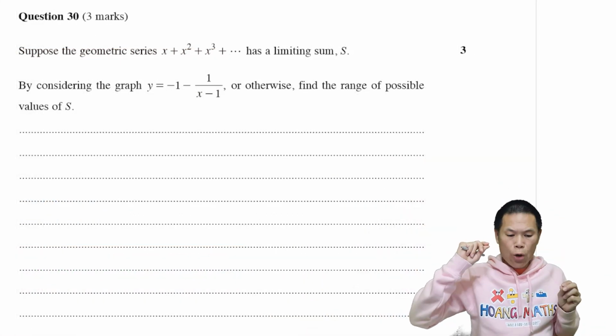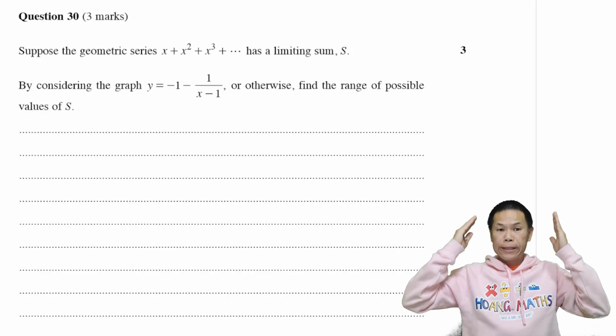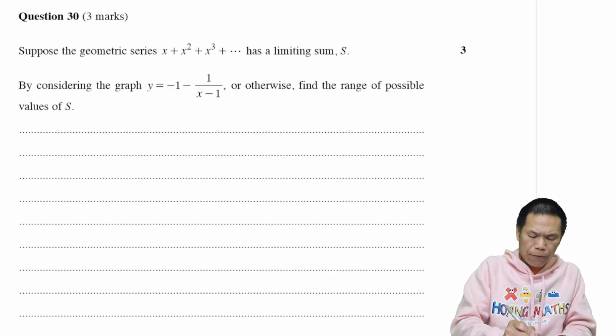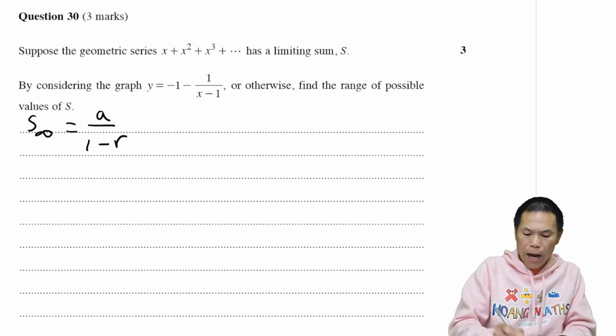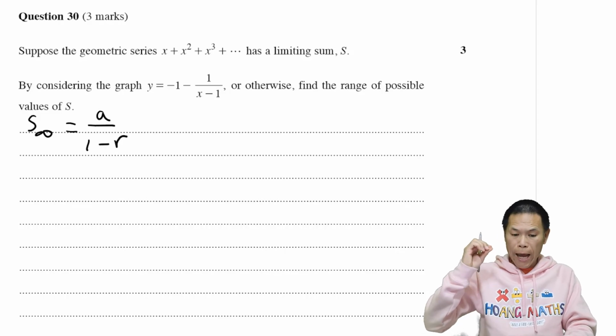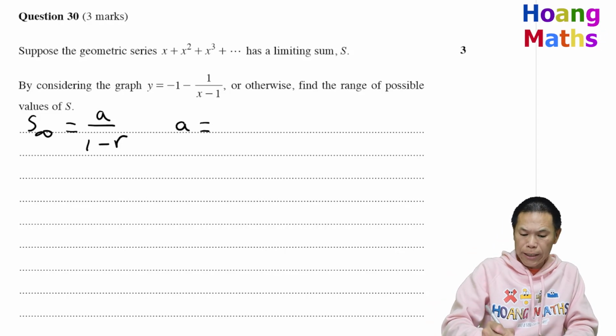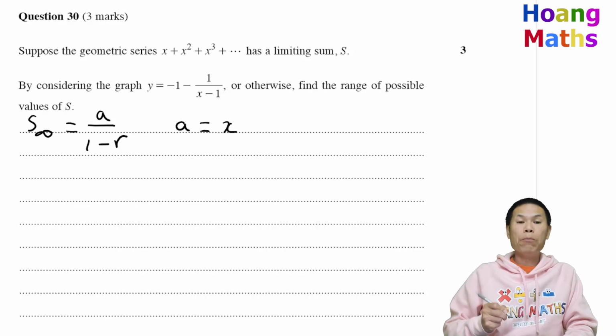First of all, we know that this series has a limiting sum. In other words, the sum to infinity is equal to a over 1 minus r. And we know that a is the first term. Let me just write this down. a is x, term 1.